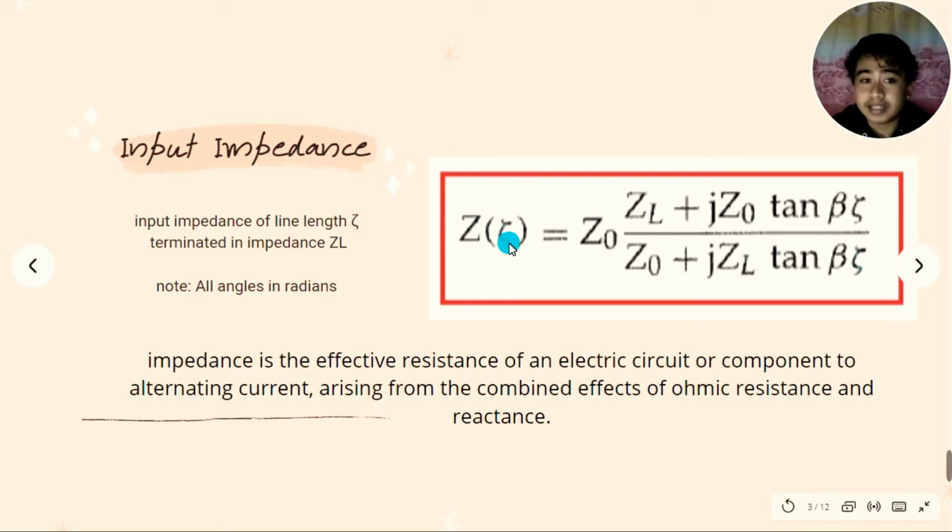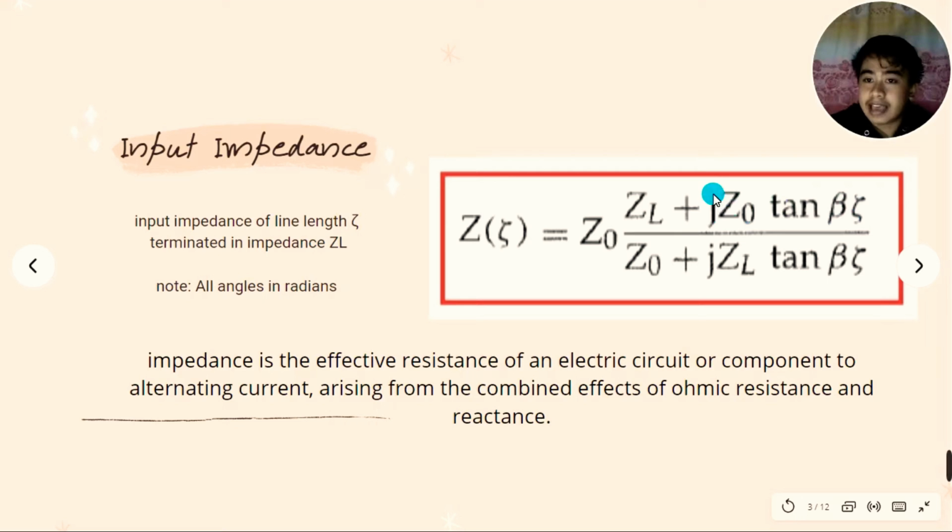Right here is the formula to get the input impedance of the line at a certain length. Zeta is the value of a length. It can be in meters, which is usually the standard. It is equal to your ZO, or characteristic impedance, multiplied by the quantity ZL, your terminated impedance, plus jZO tangent of beta, or your phase constant, times zeta.